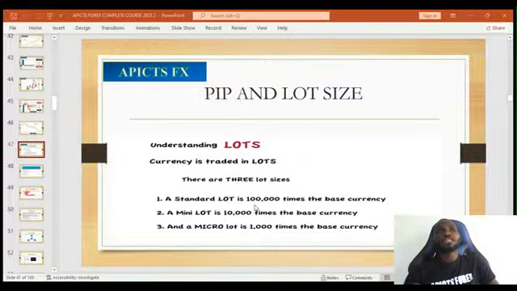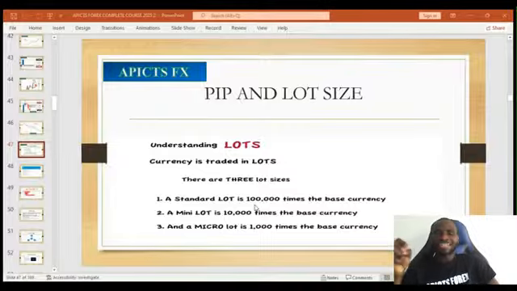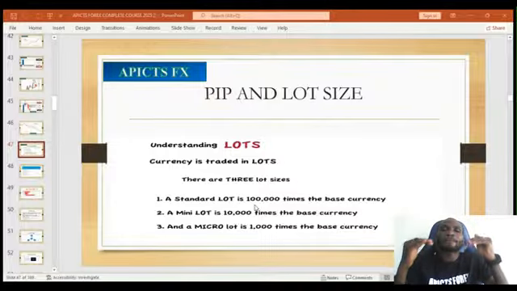So when we talk about price moving in pips, it means that if the current price of a market is 1.4000 and price moves to 1.4001, and you enter that trade going long, buying that market, with a standard lot, then with every price movement per pip, what you gain or lose is $10 per pip.